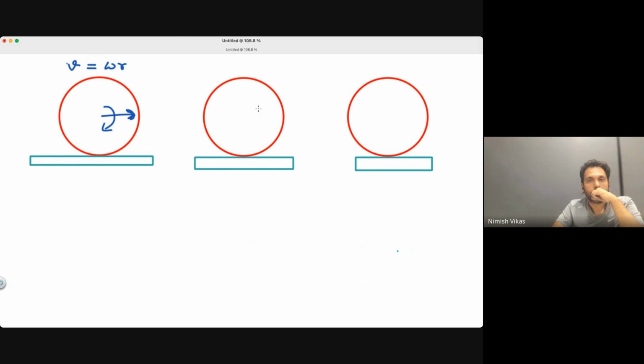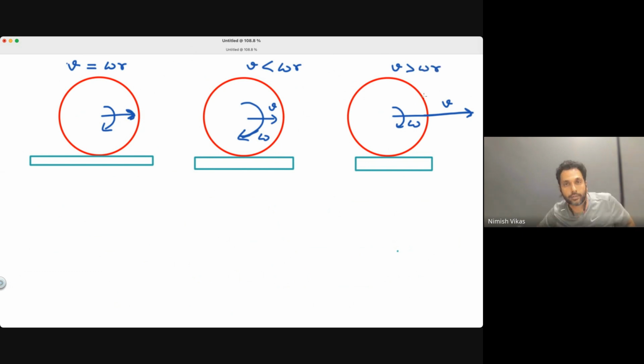Next situation: very high omega, very small velocity, such that v was less than omega r. Third situation: very low omega, very high velocity, such that v was greater than r omega. Is that clear?